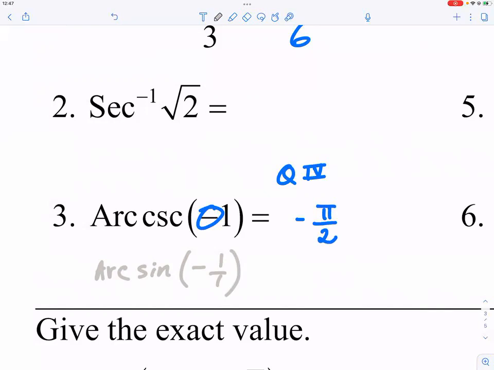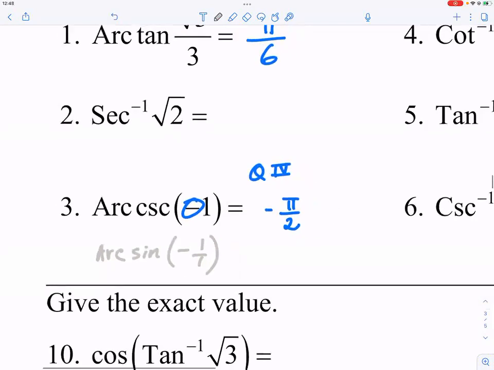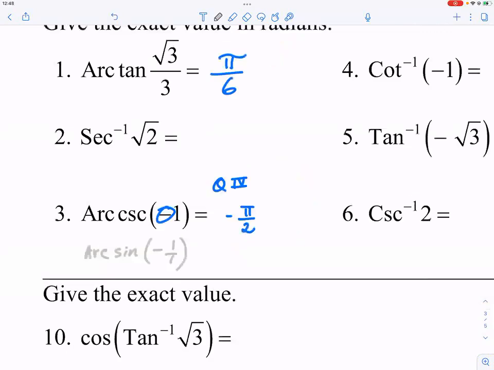Can you do that? Yeah, sure. Just make sure you flip the ratio. So then we ask the question, also in quadrant 4, sine of what angle gives you -1? Also -pi/2. So you can ask the same question in different ways and still achieve the same answer. Make sure you can hear your own dialogue in your head.